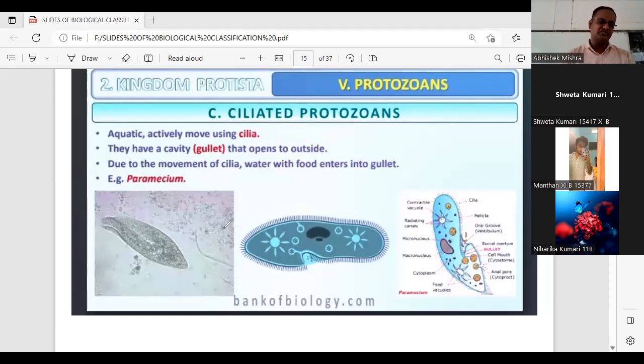This is a microscopic view of the Paramecium. On the outer side of the Paramecium, cilia are there, and they help in the movement, or we can say lashing movement. So this is a ciliated protozoan. Ciliated means presence of cilia, and flagellated means presence of flagella.